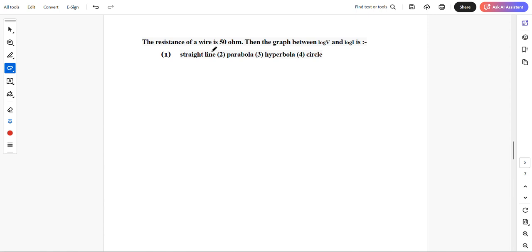Here it is saying the resistance of a wire is R, they have given 50 ohm. The graph between log V and log I is what? We know by Ohm's law V is equal to I into R, and R is given as 50, so V is equal to 50I.